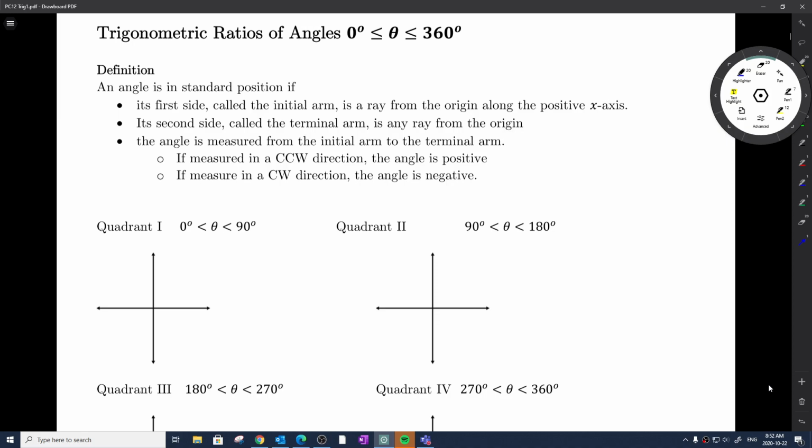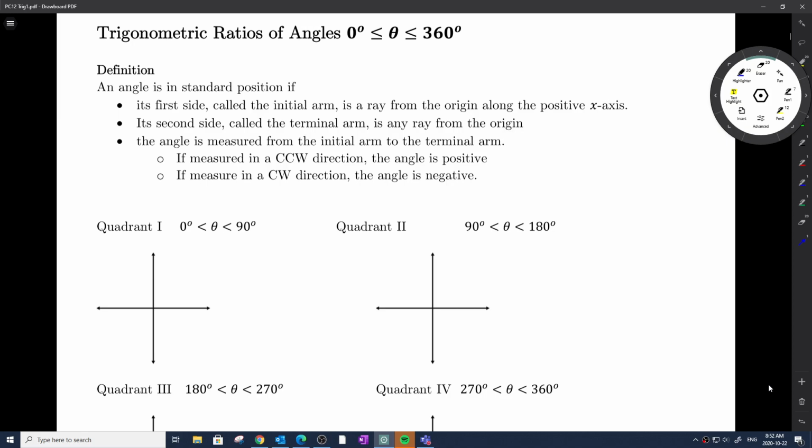But let's get started on trigonometric ratios of angles from 0 to 360. Now, this is the first lesson of trigonometry. And generally speaking, people think trigonometry is the study of triangles. Yeah, sure, and it is, and that's where we start, and we do some abstraction, and then all of a sudden trigonometry becomes the study of angles.